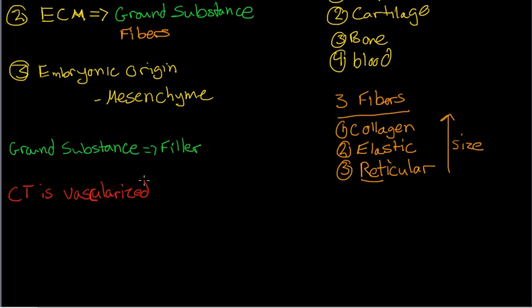Excuse the spelling, please. That's also in contrast to epithelium, which is avascular. That's not all connective tissue, though. It's connective tissue proper that is vascularized. Cartilage is avascular, which is one reason why things like knee injuries take so long to heal.